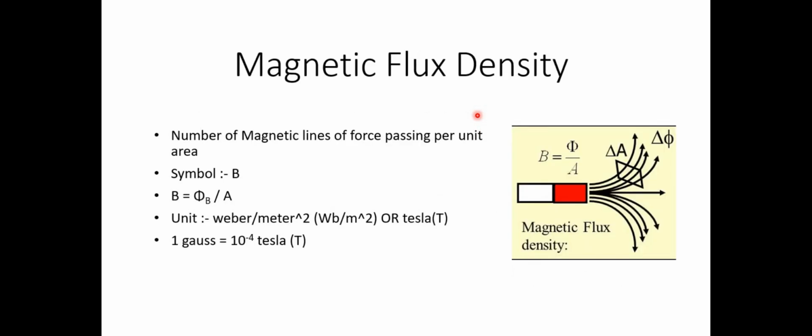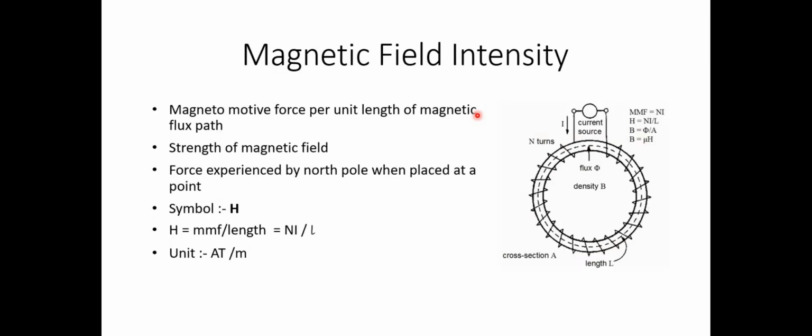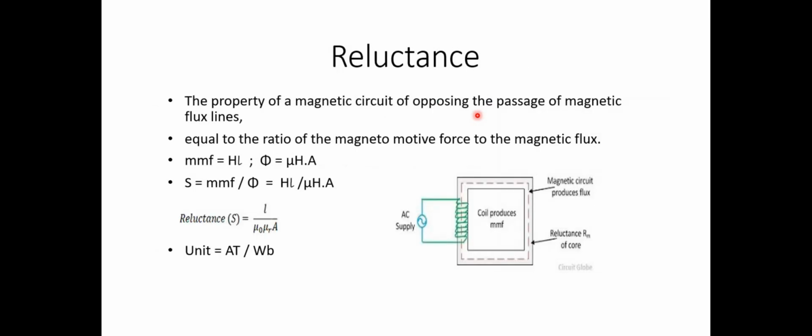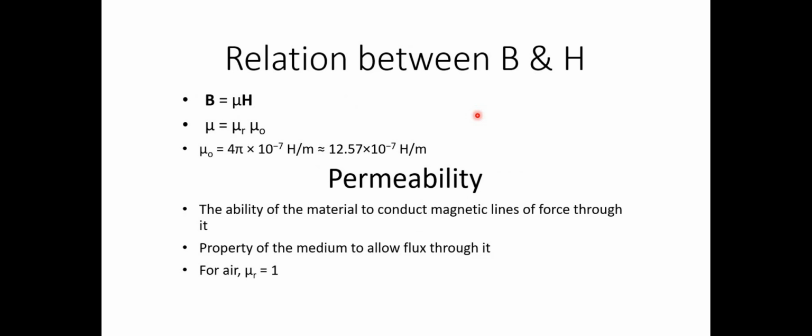Magnetic flux density is the total number of magnetic field lines divided by the area, that is magnetic field lines per unit area. Magnetic field intensity is MMF per unit length, and reluctance is the property of opposing the passage of magnetic flux lines. And let's see the relation between B and H.